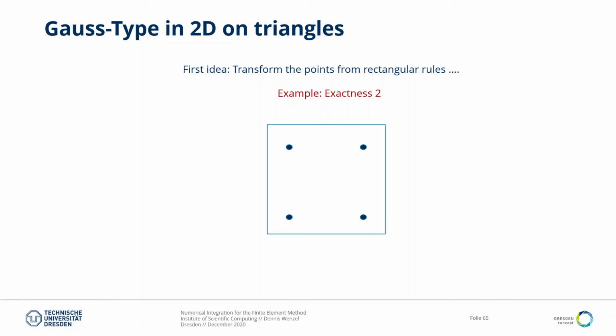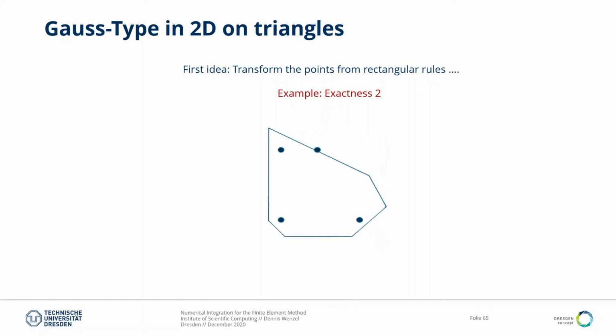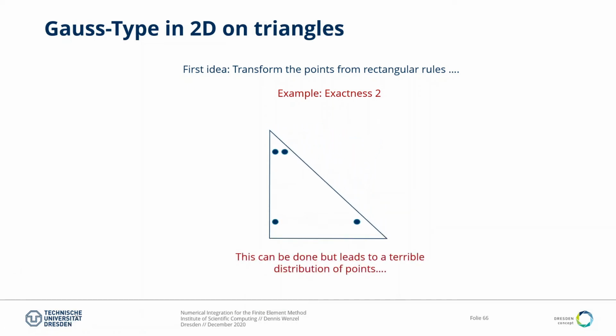So this is with a 2-point rule in 1D that was taken to the 2D with this mesh grid approach that I was just explaining. Now let's say I want to transform this onto a triangle. And what happens is horrible.